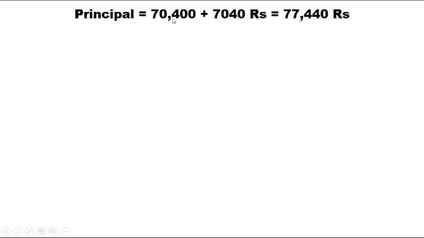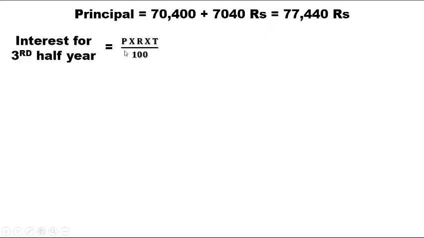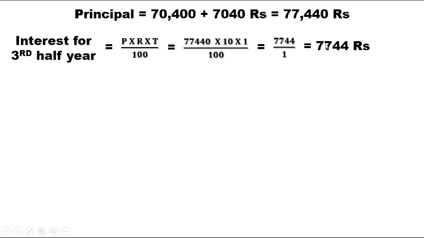Principal is equal to 70,400 plus 7,040 rupees, which is 77,440 rupees. Interest for the third half year is equal to P into R into T divided by 100, which is 77,440 into 10 into 1 divided by 100, equal to 7,744 rupees divided by 1, equal to 7,744 rupees.